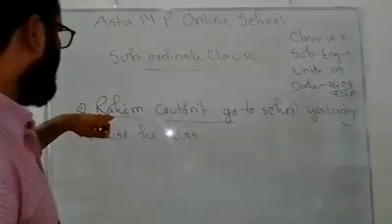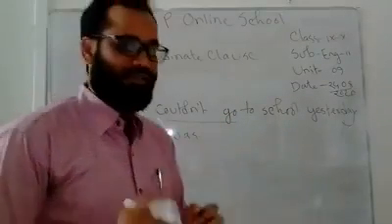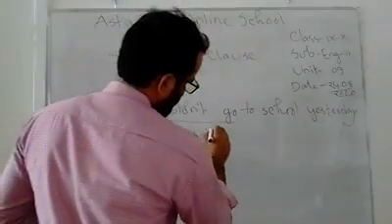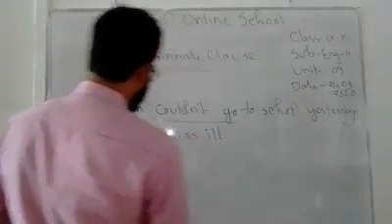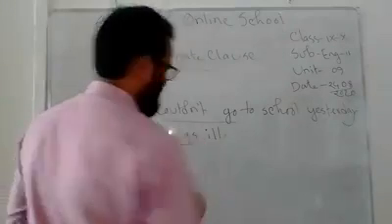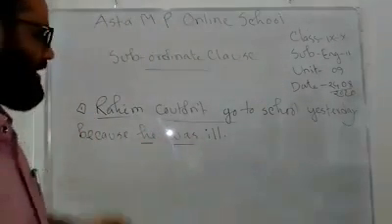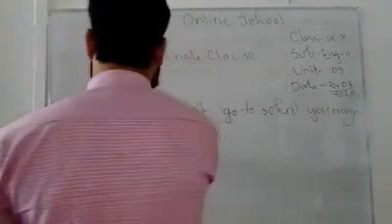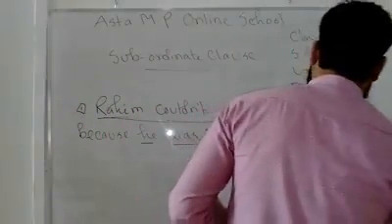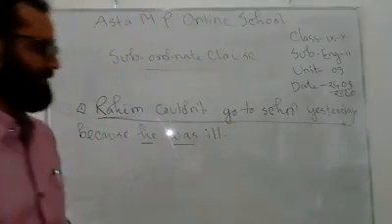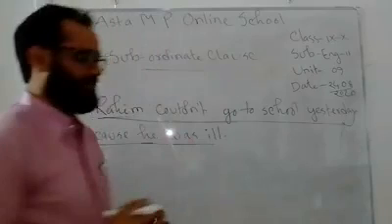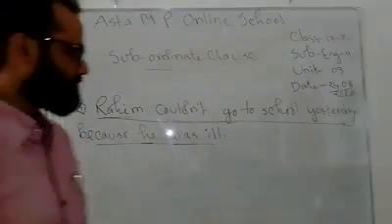So here, Rahim is subject and go is a finite verb. Another part, he was ill. He is subject and was is a finite verb. So in this sentence there are two clauses. Rahim could not go to school yesterday, it is a clause, and because he was ill, it is another clause.